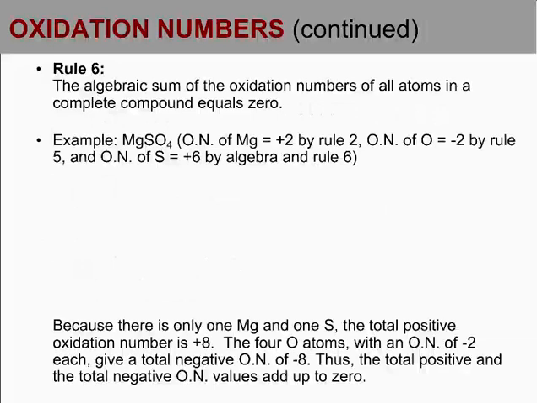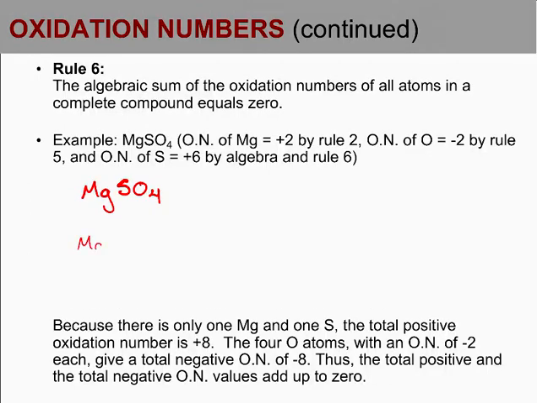So for example, let's say we have the compound magnesium sulfate. And we saw earlier that a group 2A metal will always have an oxidation number of +2.